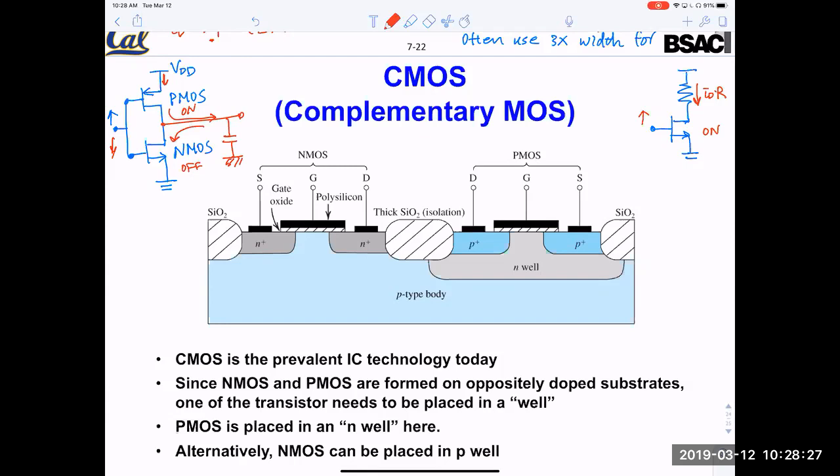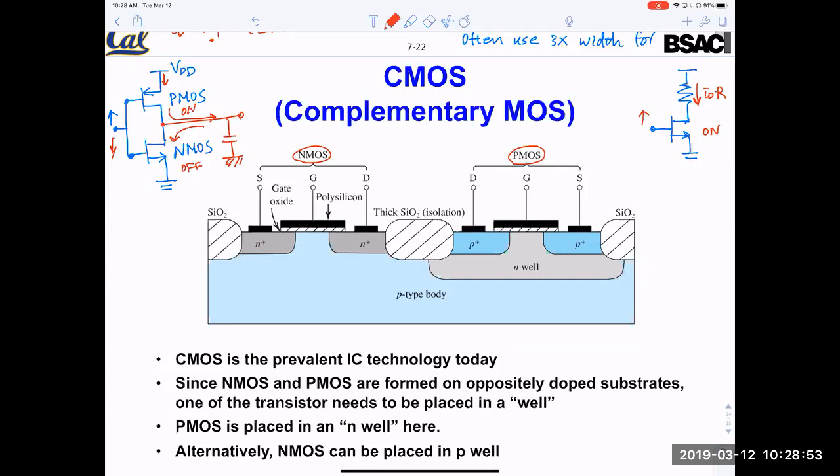It consumes power during that very brief period of time. Once the charge is in place or drained, there's no power consumption. So this turns out to be the most important logic family, and all the transistors you look at usually contain both NMOS and PMOS.